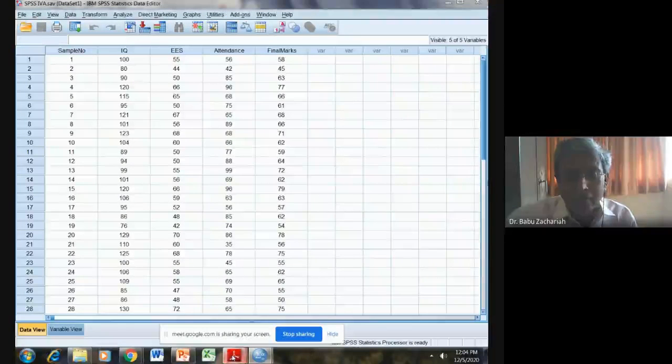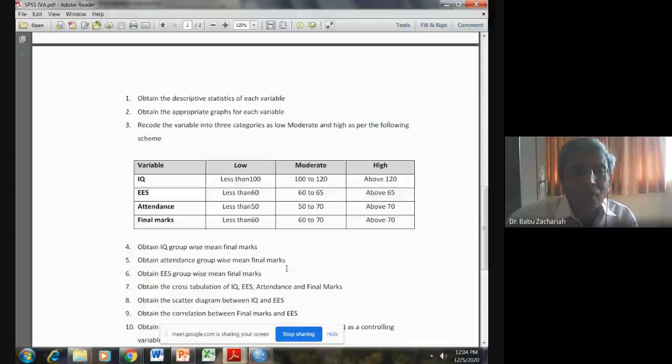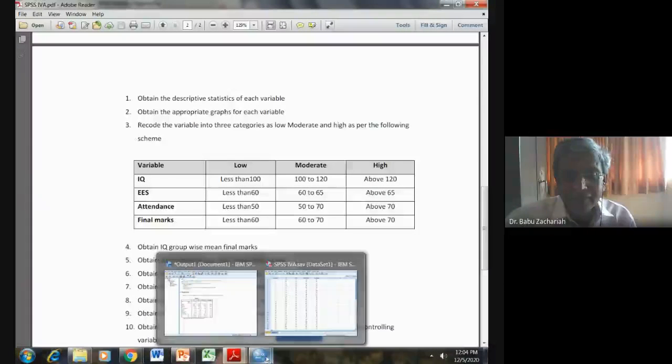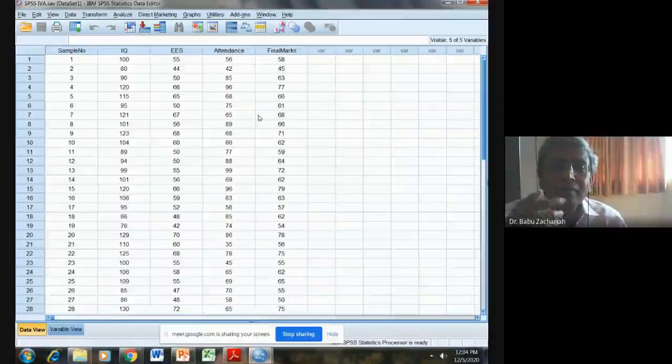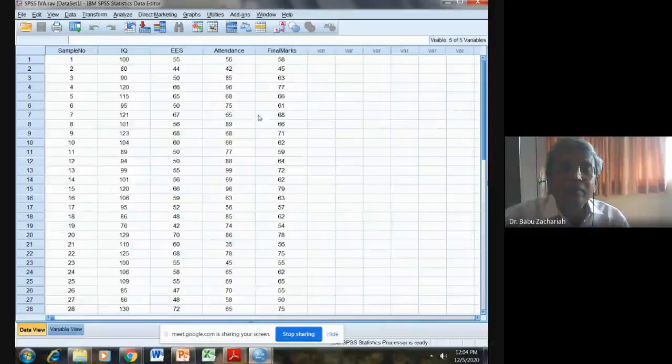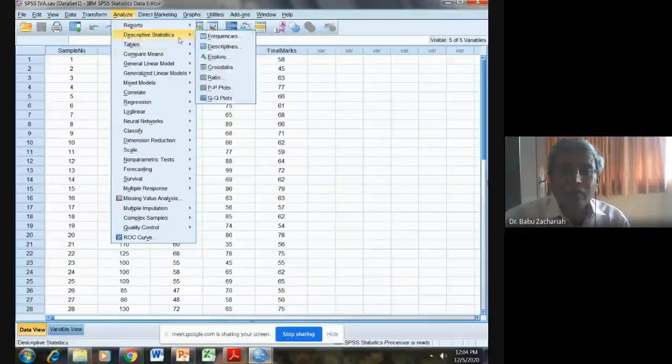Now the next question here is: obtain appropriate graphs for each variable. Remember that each of them is a scale variable. Appropriate graphs means a histogram would be appropriate. So you can go to graphs, or you can do it here itself: analysis, descriptive statistics, and frequencies.